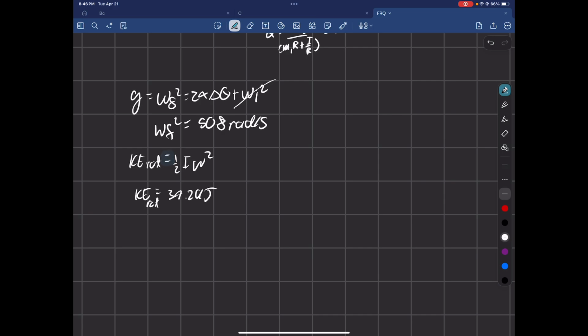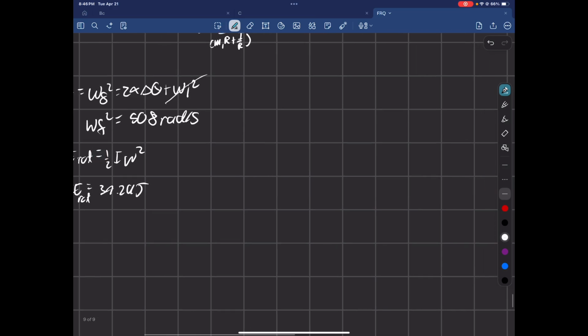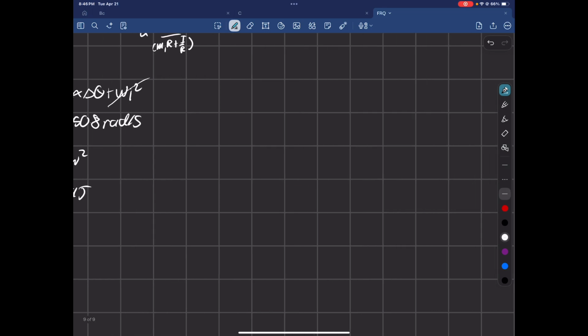Part H asks for the net work after 5 seconds. Since it starts at rest, all the speed that it gains would just be the energy changed. So we have to find the final speed of the system after 5 seconds.